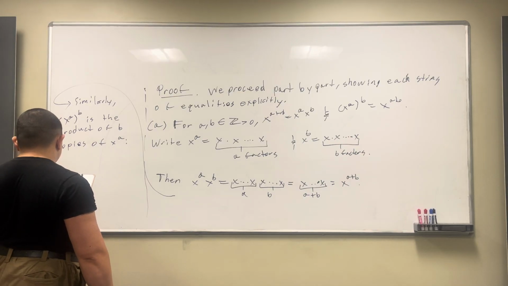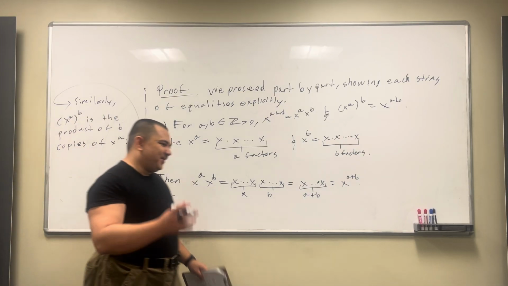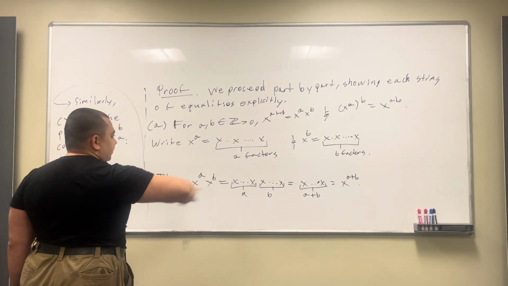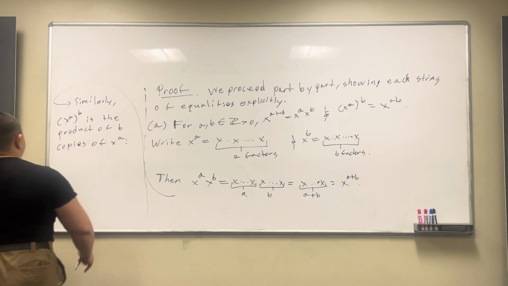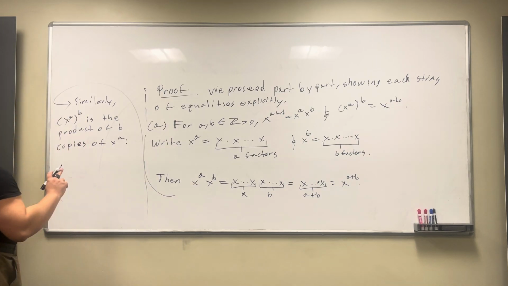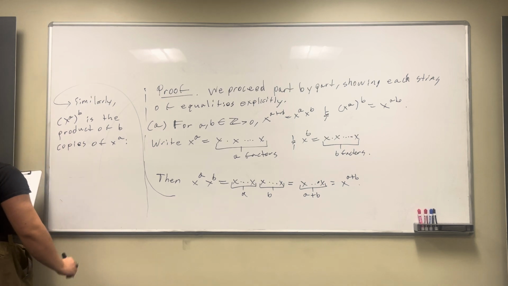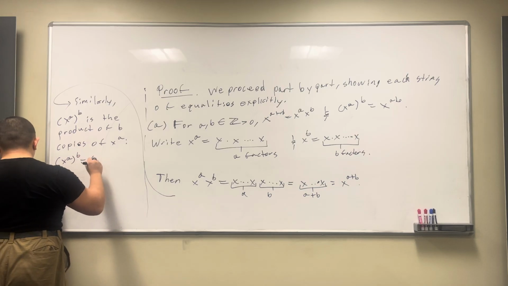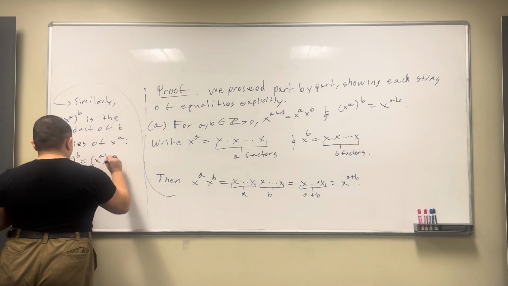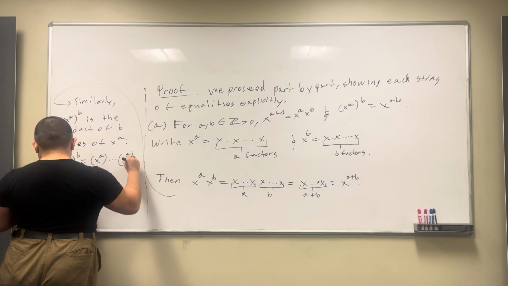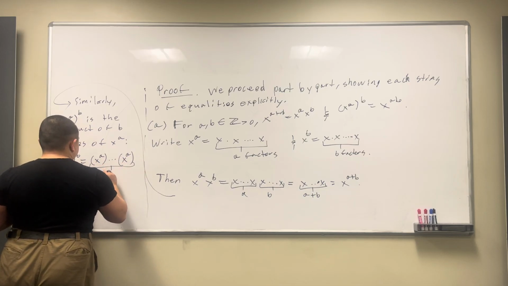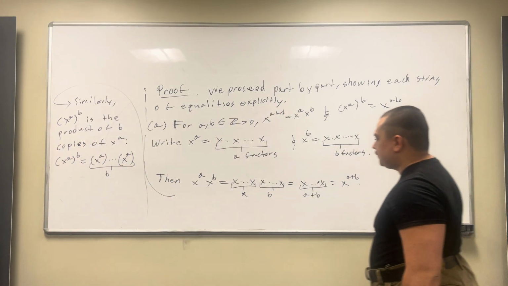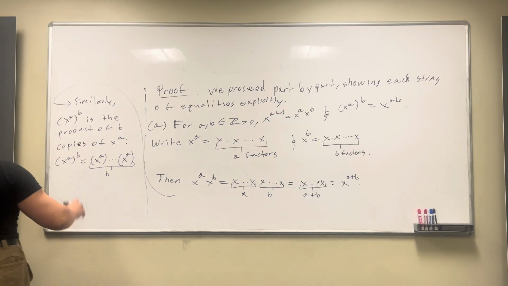Because the first part has two parts, this shows that it holds here. Now let's look at the case in which we look at the product of b copies of x to the a. So we have open parentheses x to the a, close parentheses to the power b is equal to open parentheses x to the a times itself b factors, the order of b factors many times. So that's what we're left with there.